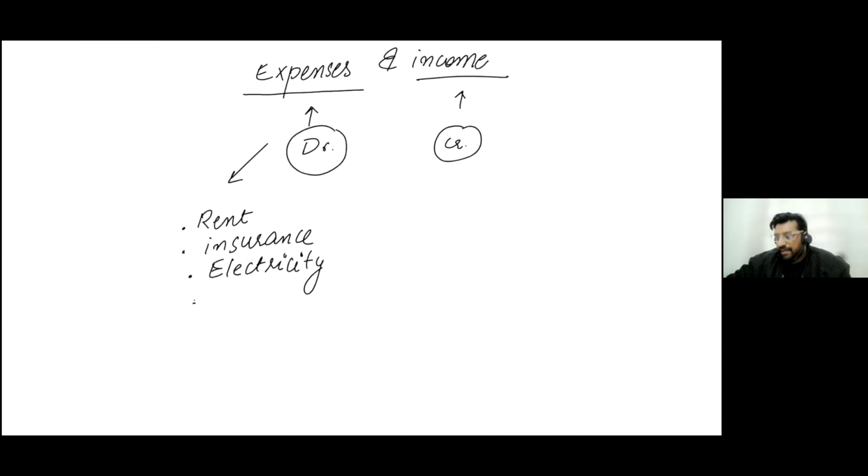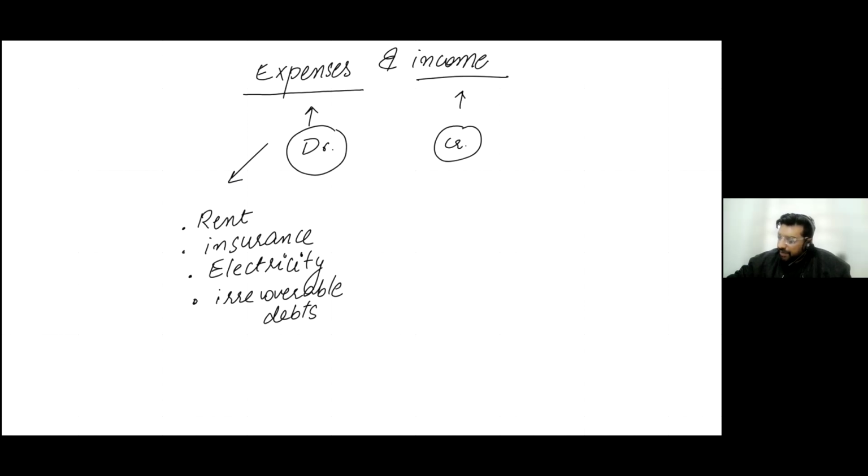Irrecoverable debts means these are the people who are our receivables, but they are not paying us. Either they went bankrupt, went out of the country, or they just simply refuse to pay because they are not satisfied with the services, or they say that the products are damaged or something. Okay. So this is also an expense.